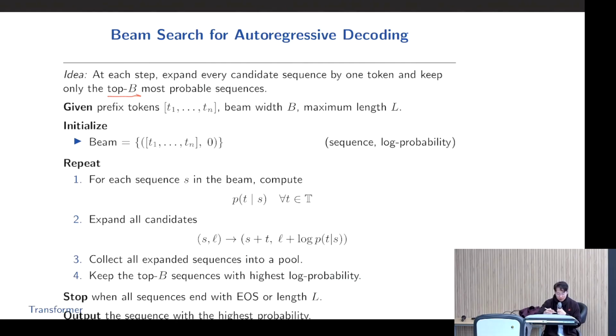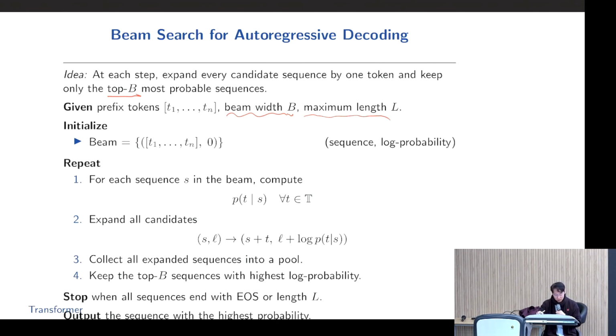No, unless the beam width is infinity. Typically, this is not infinity, so this does not guarantee optimal decoding, but it gives you better decoding than greedy because it looks longer term. And there's a maximum length on each beam.